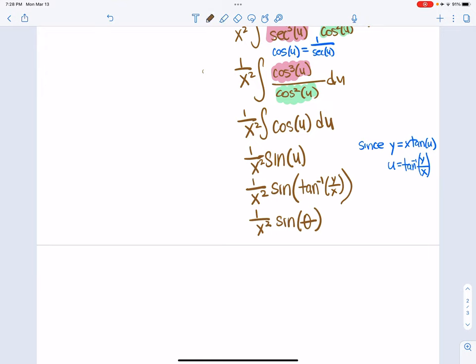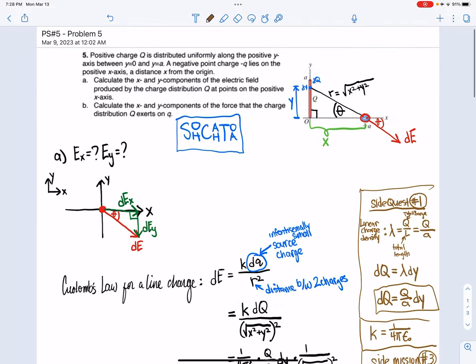Okay, so now that we got that, let's plug in the value for sine of theta. Again, sine is opposite over the hypotenuse, right? So if this is our theta, sine of theta would be opposite, or y, divided by the hypotenuse, square root of x squared plus y squared, okay?